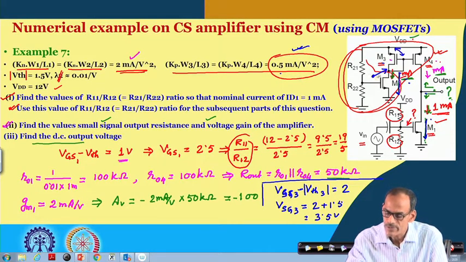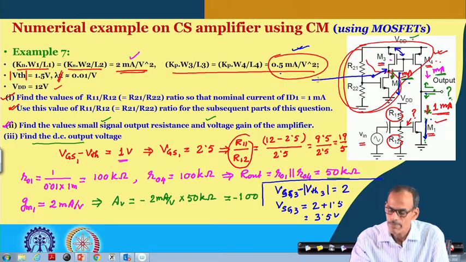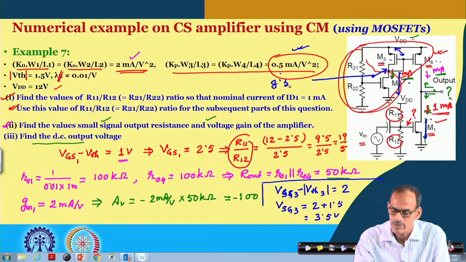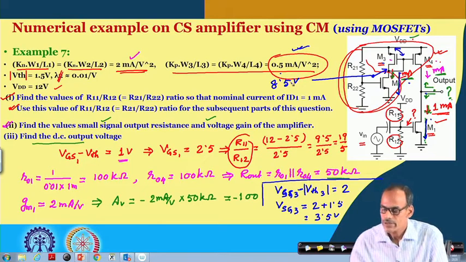So, that sets this voltage here at 12 minus 3.5, which is 8.5 volt. In fact, if this voltage is 8.5 and this is also 8.5, then only will these two currents be equal.